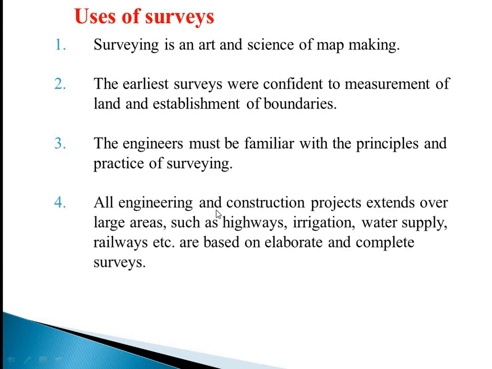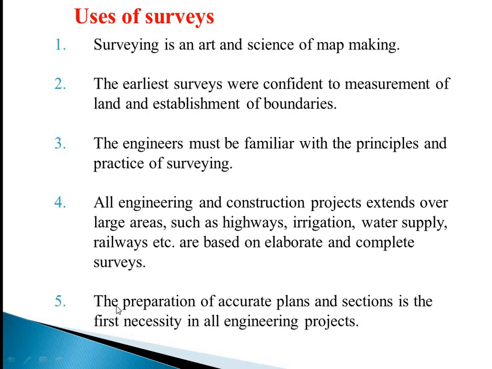All engineering and construction projects extending over large areas, such as highways, irrigation, water supply, railways, etc., are based on elaborate and complete surveys. Lastly, the preparation of accurate plans and sections is the first necessity in all engineering projects.